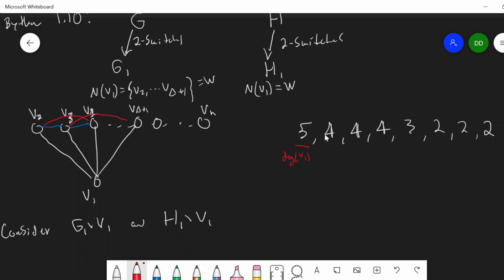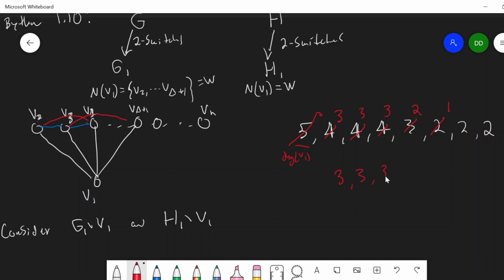And when we remove V1, we take that off the degree sequence, but then each of these degrees is reduced by 1. So now this turns into a 3, 3, 3, and I do that for however many vertices this was adjacent to. So 5, 1, 2, 3. I'll knock this down, and I'll knock this down. So we get 3, 3, 3, 2, 1, 2, 2, and I get another degree sequence.